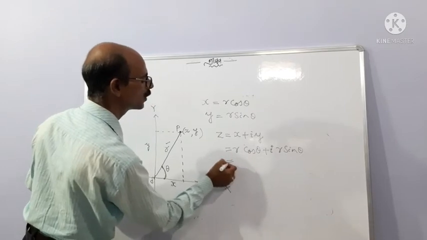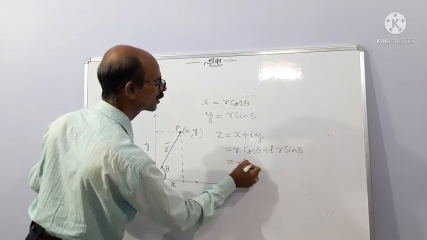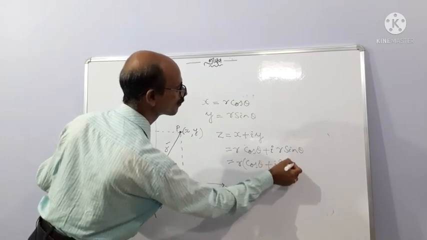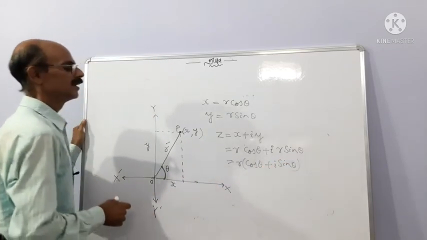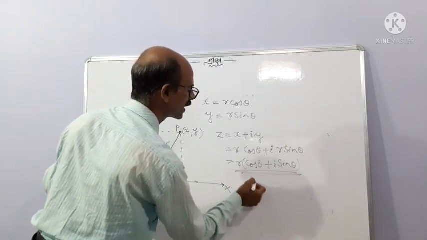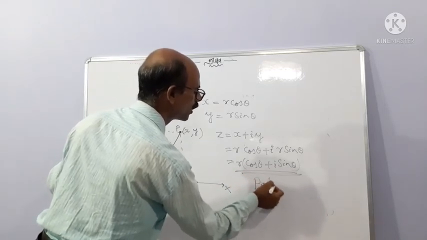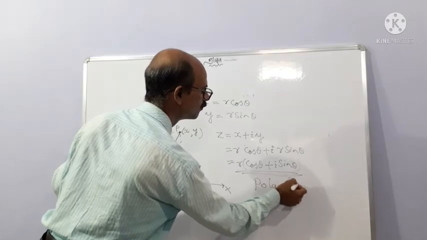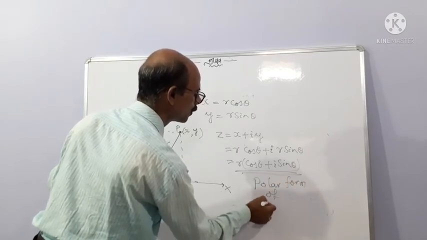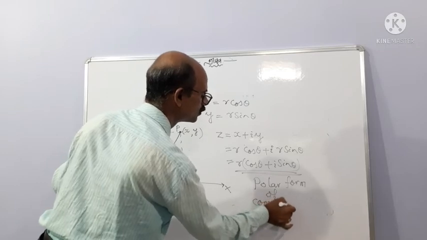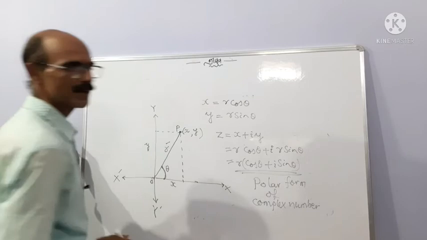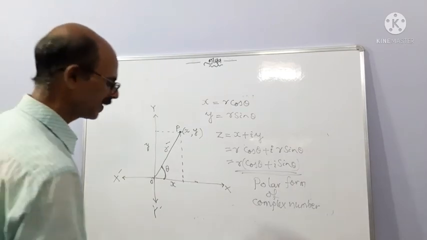Or taking r common, we can obtain r (cos theta plus i sin theta). This is also called the polar form of the complex number, or polar representation of the complex number.